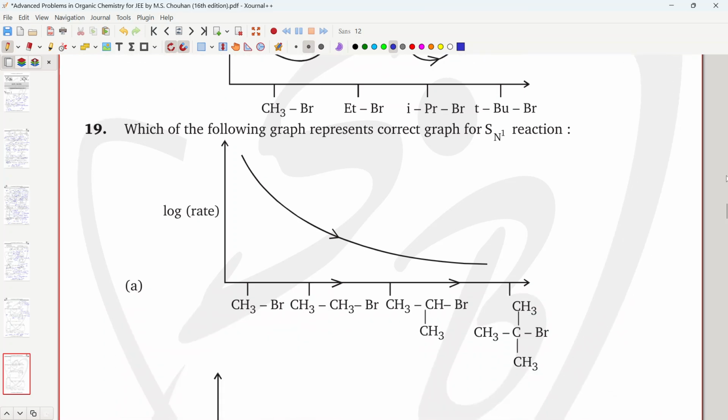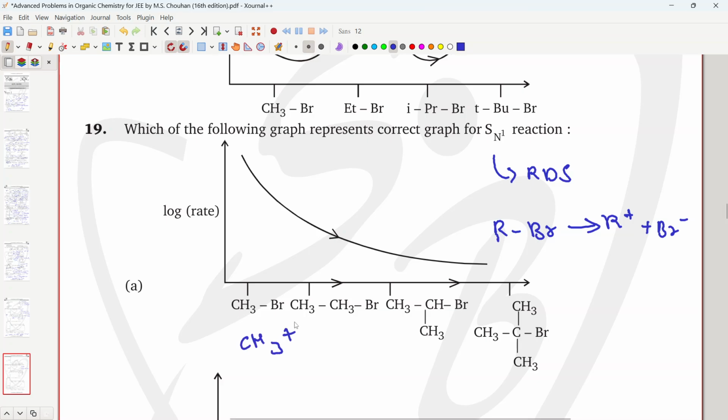Now, question number 19. Same question as the previous one, but SN1. For SN1, the rate determining step is the cleavage of the bond with the haloalkane. So the rate depends on the carbocation stability entirely. First we have to compare the carbocations formed. CH3 plus, methyl carbocation, is very slow for SN1 because of its extreme instability.